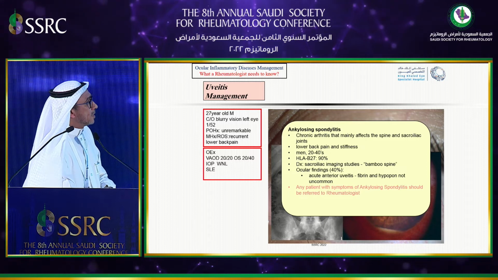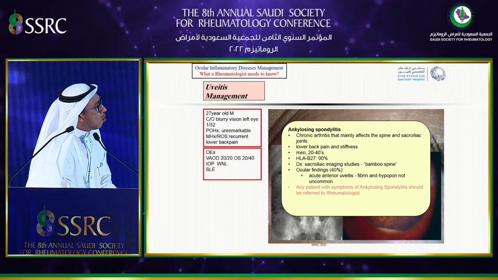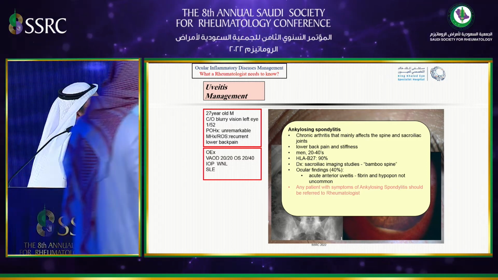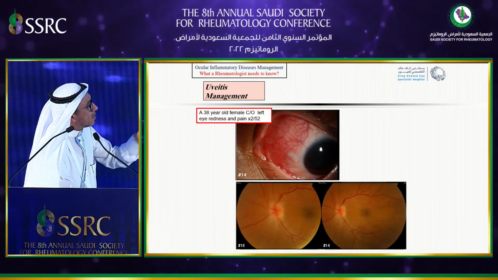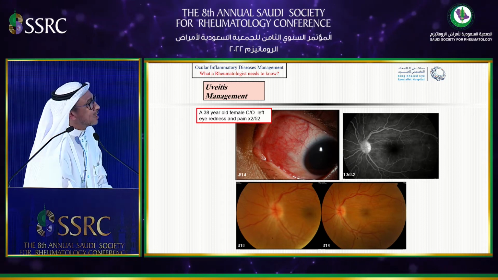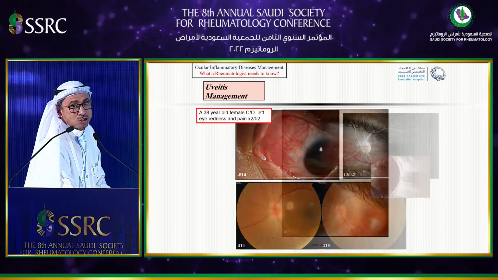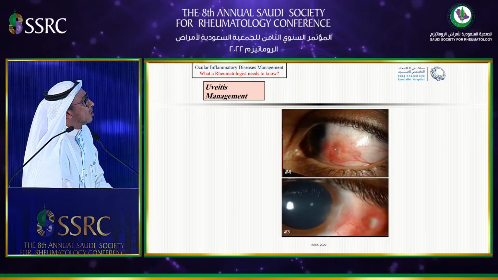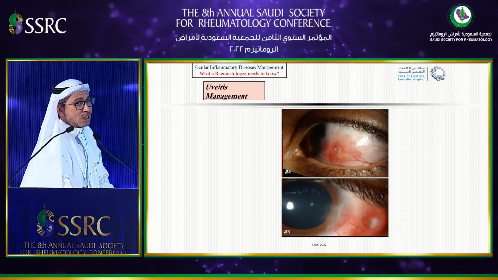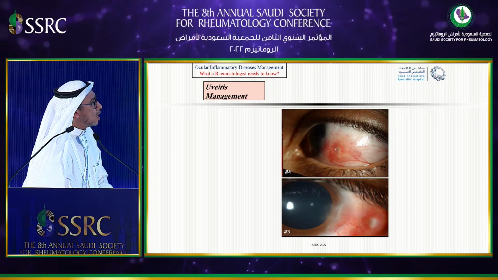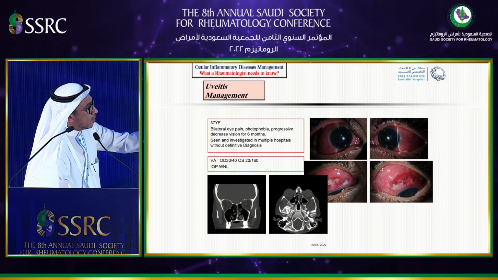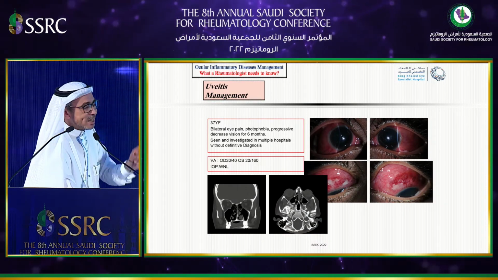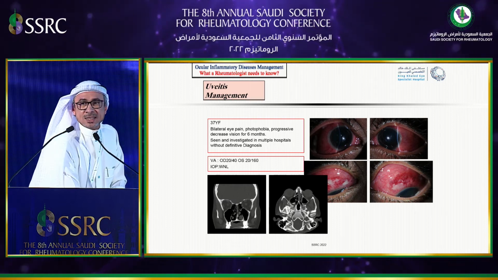Usually this patient has uveitis in almost 40% of the patients. I will conclude with another disease. It's called scleritis, and 50% of these patients are associated with systemic connective tissue disorders and autoimmune disease, and it is a serious disease that could lead to loss of vision. This is another patient with aggressive necrotizing scleritis.